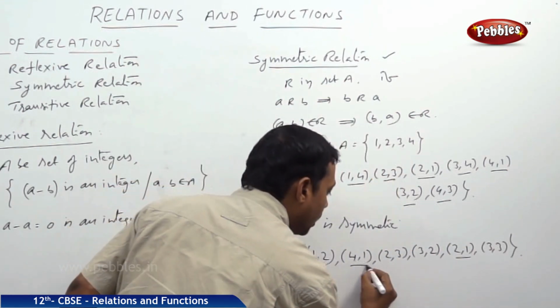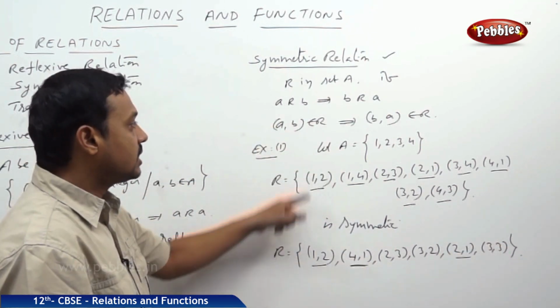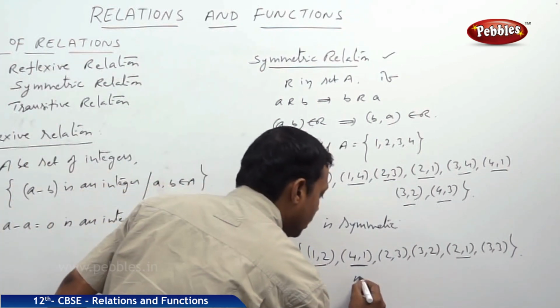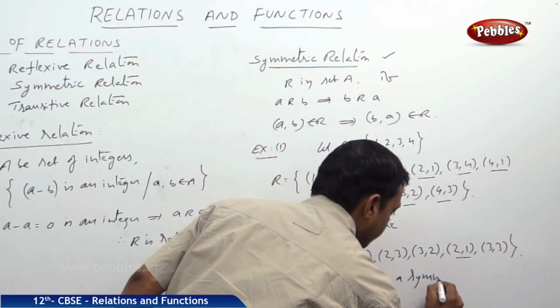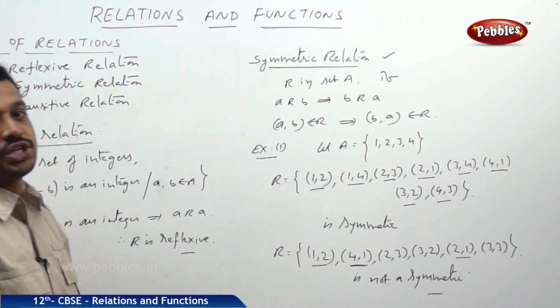But what about 4 comma 1? It is not there in that set. So this condition has failed. Hence this relation is not a symmetric relation.